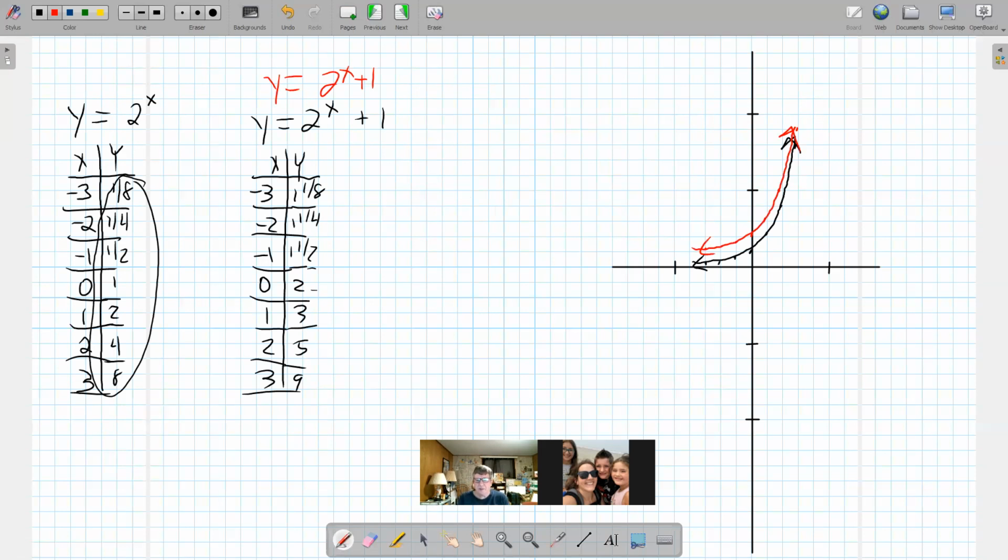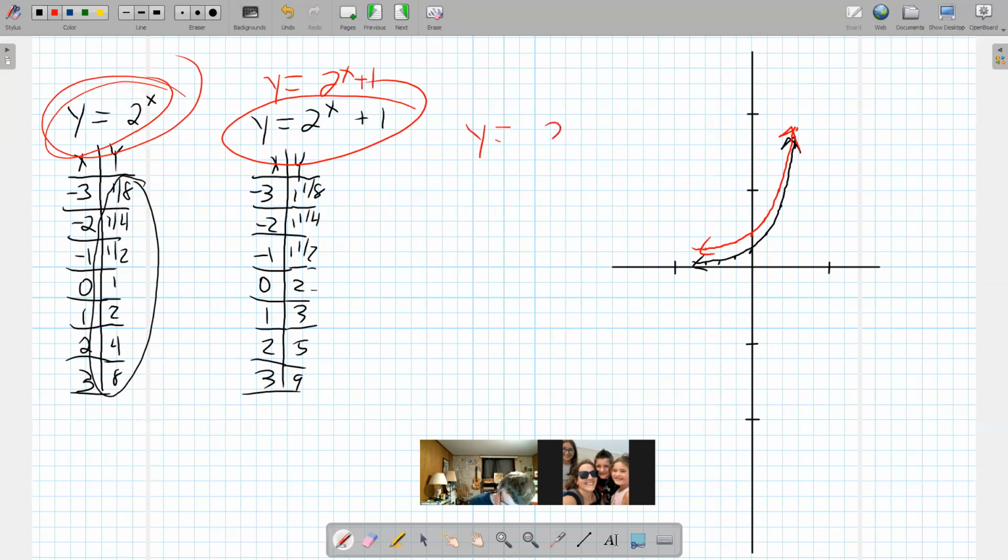Remember how with the parabolas, y equals x squared, then y equals x squared plus 1 moved up a unit, y equals x squared minus 2, you move down 2 units. So this moves up 1 unit from that. What about y equals 2 to the x minus 4? That would move everybody down 4 units.